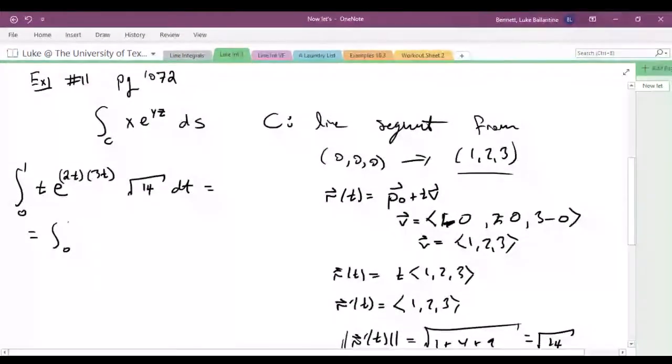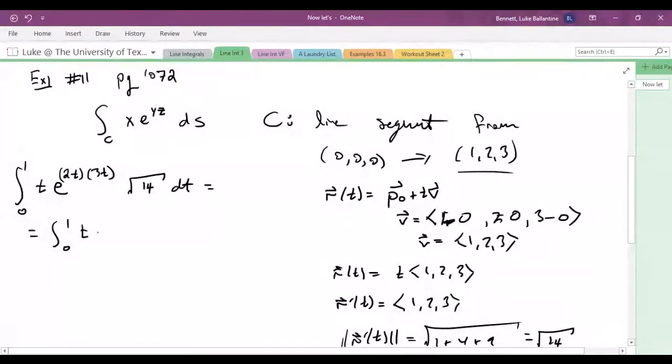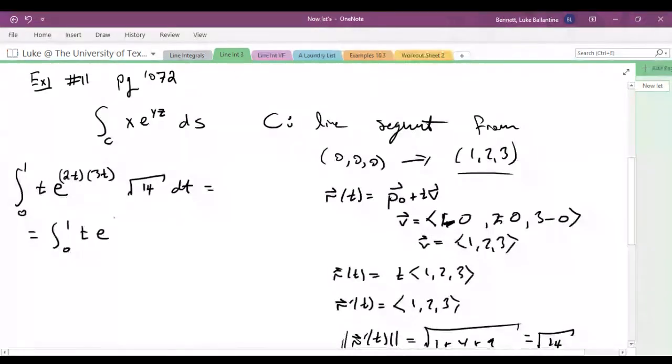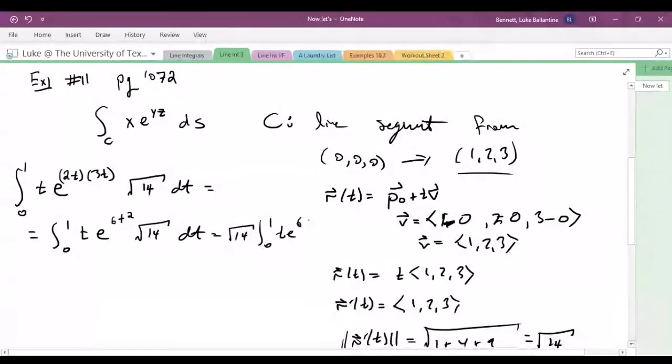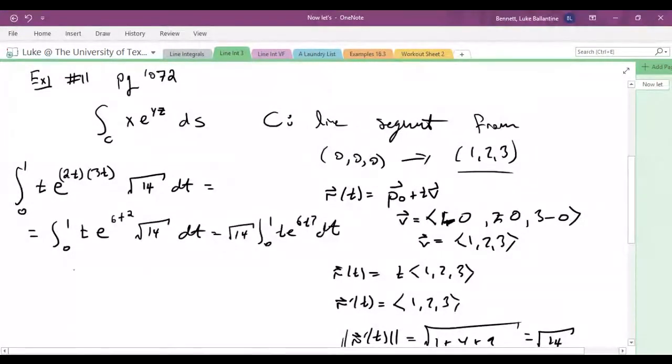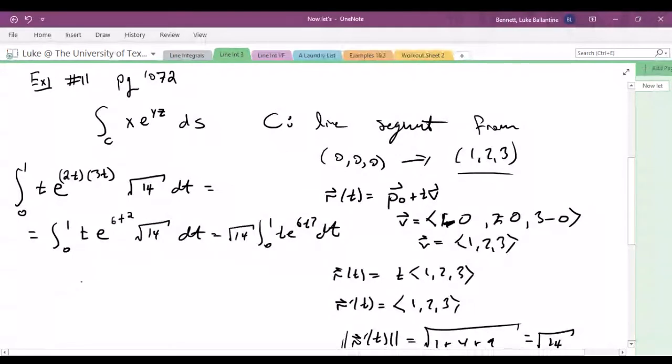This is the integral from 0 to 1 of t, e to the, okay, so we got 2 times 3, 6t squared, the square root of 14 dt. The square root of 14 can come out. It's a constant. Okay, now we do a u substitution.